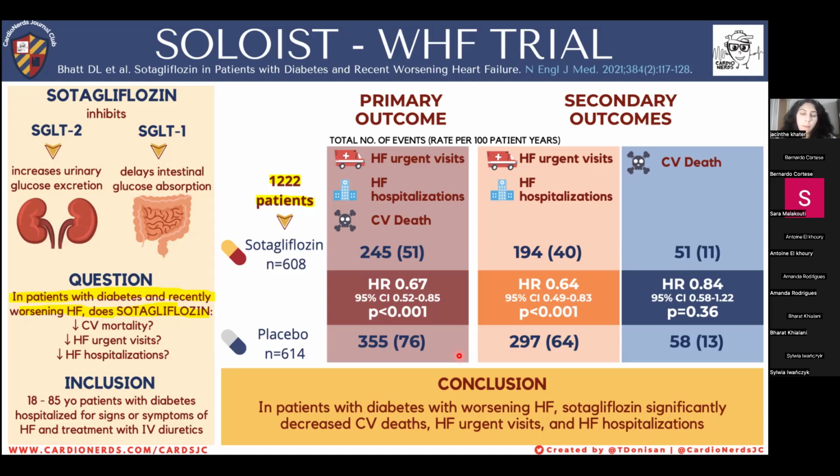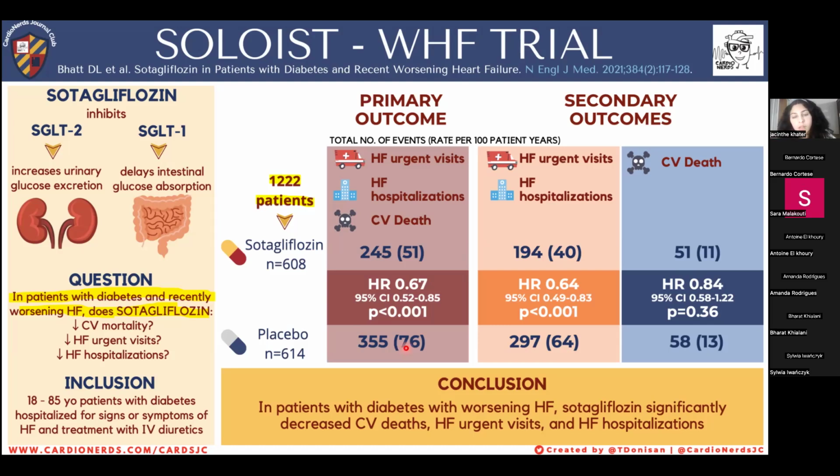And it seems that this drug is protecting them from this worsening without having an effect on cardiovascular death out of 1,200 patients. But if I was the reviewer of this trial, publishing in the New England Journal of Medicine, I would have pointed out that the primary endpoint is a little bit debatable for aiming at this journal.